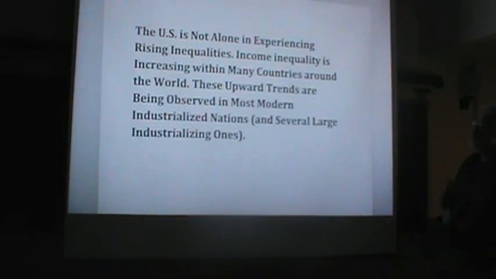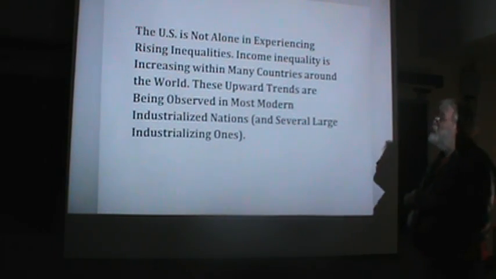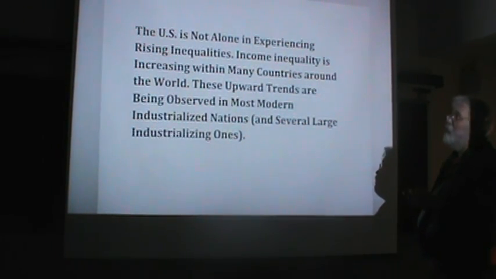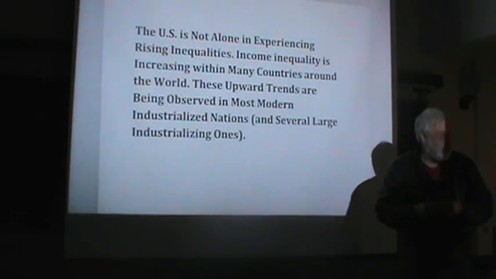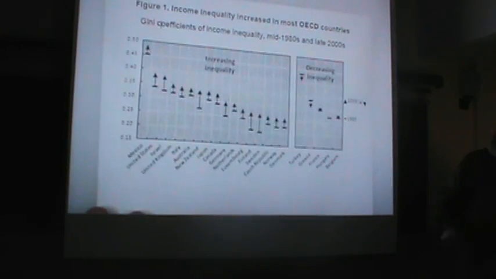The U.S. is not alone, by the way, in experiencing rising inequalities. Income inequality is increasing within many countries around the world. These upward trends are being observed in most modern industrialized nations and also several large industrializing countries as well. And that's what this little graphic points out. Income inequality increased in most of these OECD countries.